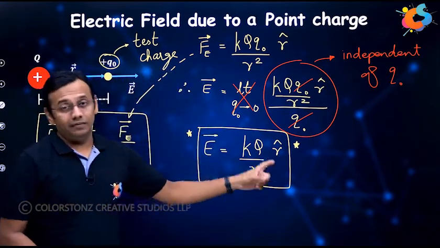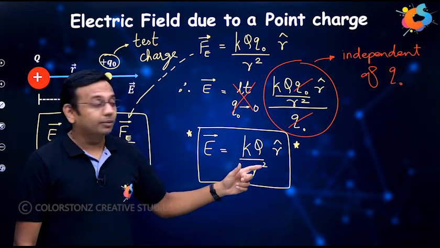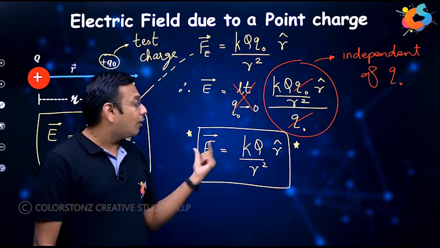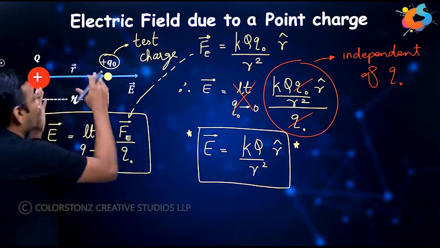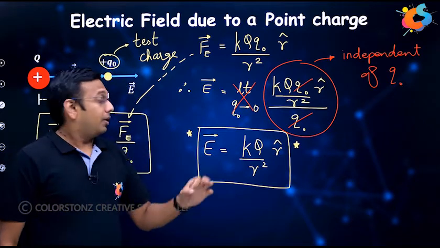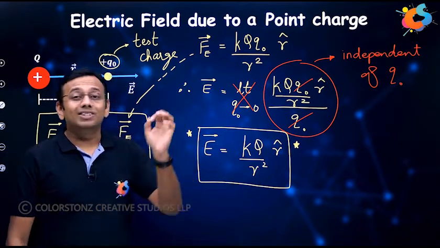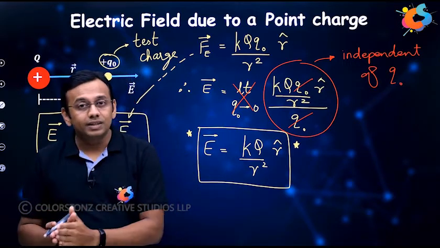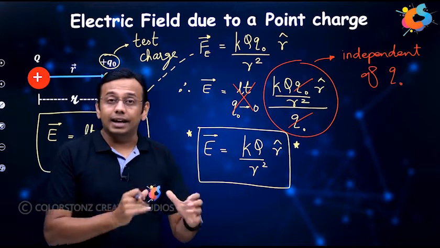The direction of electric field is also very important. We can see that the electric field will be along the position vector of the point where we are checking the electric field. But remember, in vector form, the charges always have to be put with sign. If it is positive, then positive. If negative, then negative.